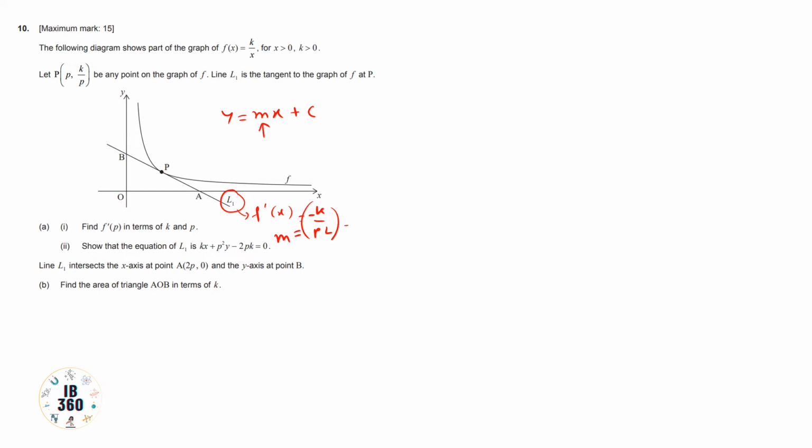So we are writing here the equation to be y equals to mx plus c. So y equals to, the value of m will be minus k by p square into x plus c. Now to get the equation of this line L1, we have to find out the value of c. As you can see, this point, that is p comma k by p, is lying on the line.